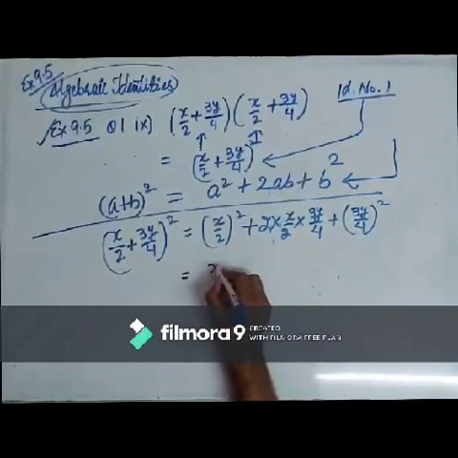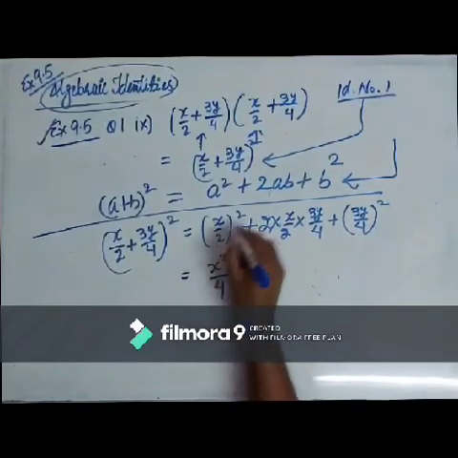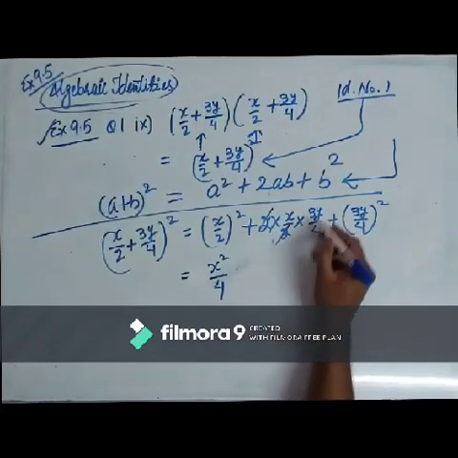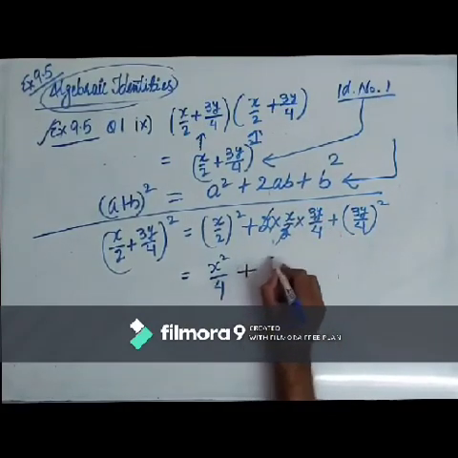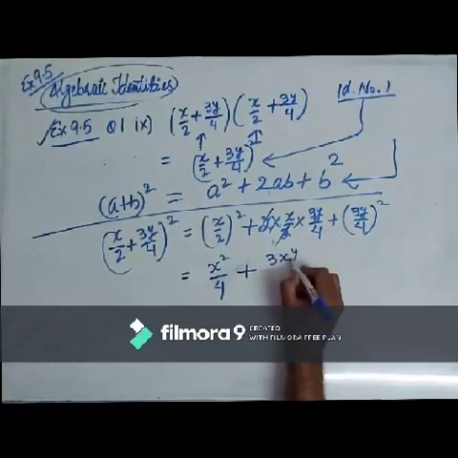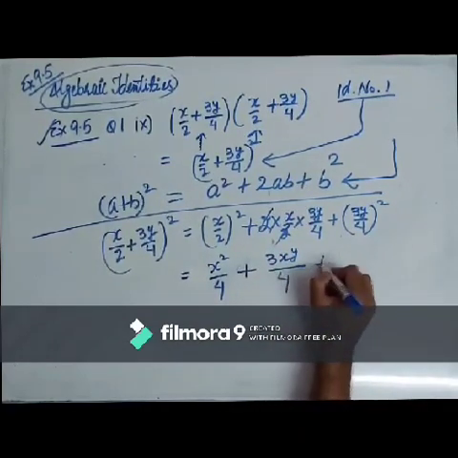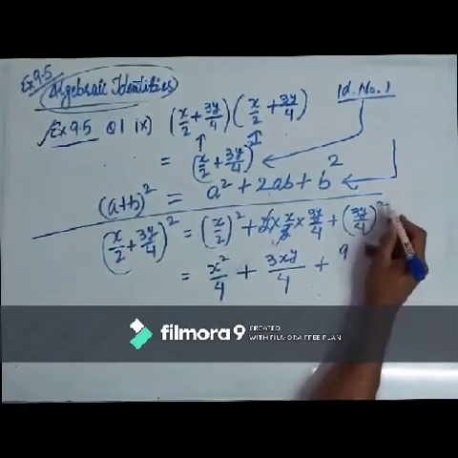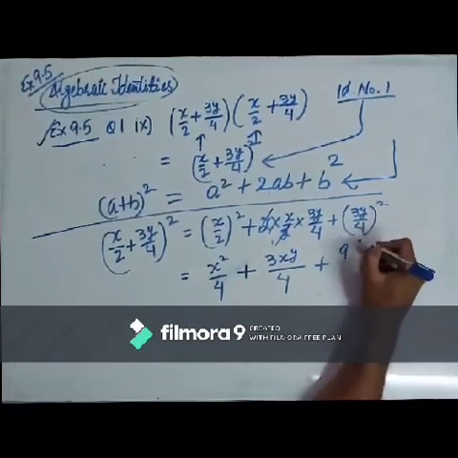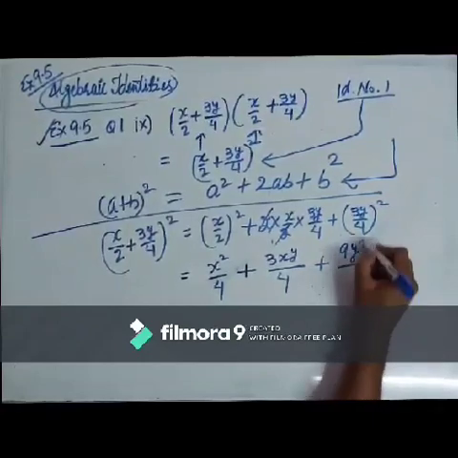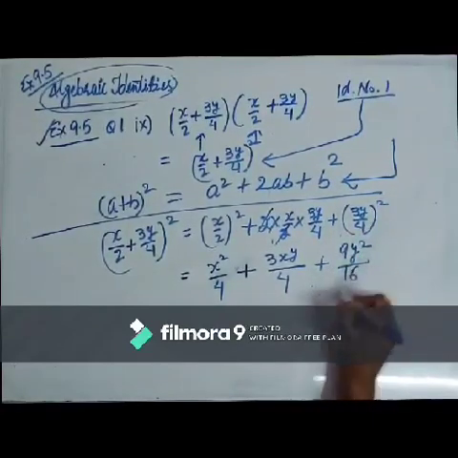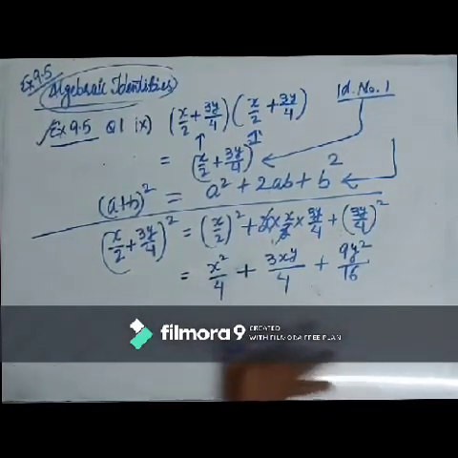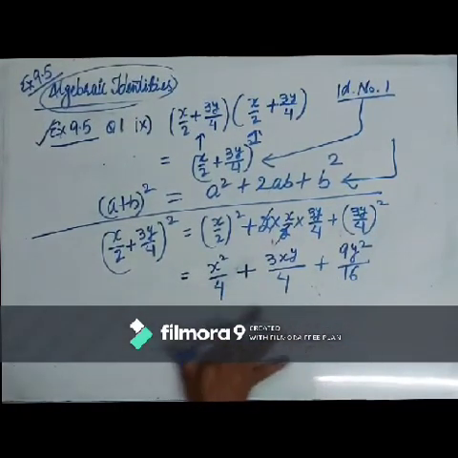So this is equal to x square upon 4. You can open this bracket, and 2 is cancelled with 2, and this is 3xy upon 4, plus 3 square is 9, taking its own power, y square is again y square, that's all. 4 square is 16. So no need to take up the LCM and do any further reduction.